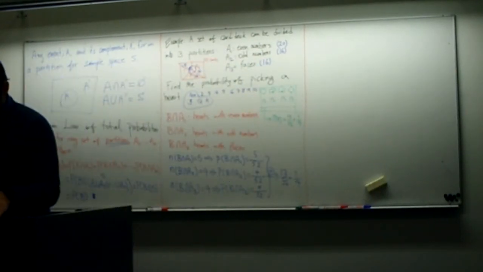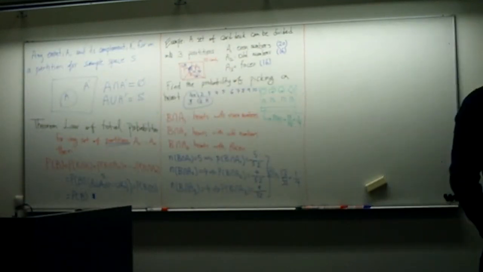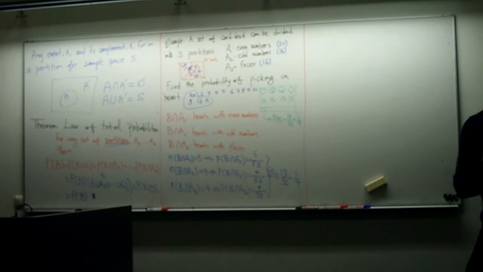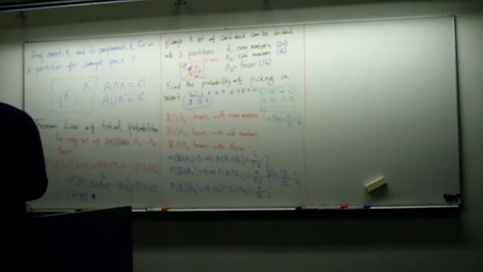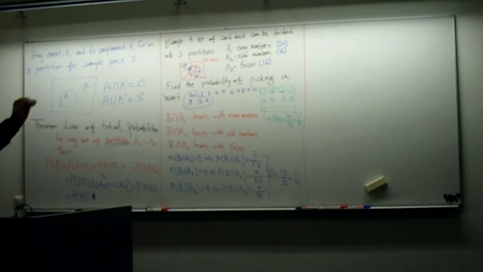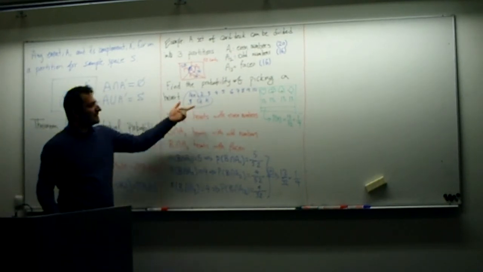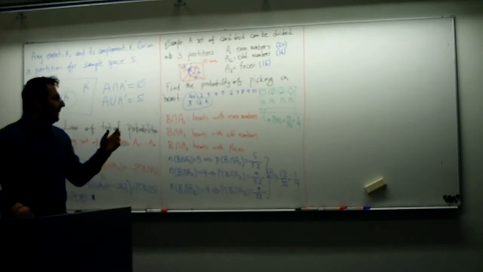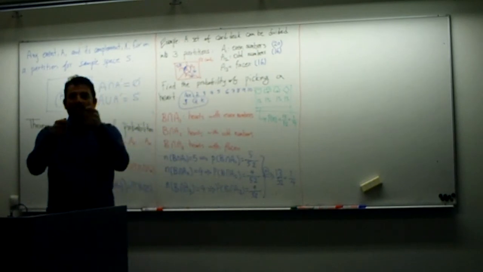Now, apart from this law, there is a very fundamental methodology which we can use in order to find the number of samples inside an event. Of course, sometimes it is easy. You can write it down to see how many samples you have.